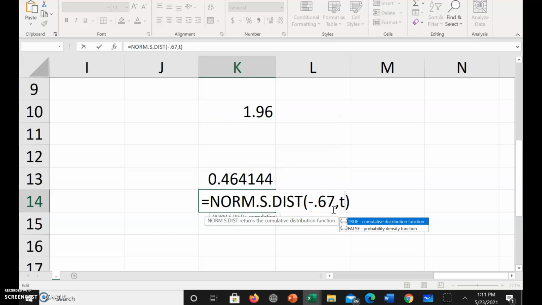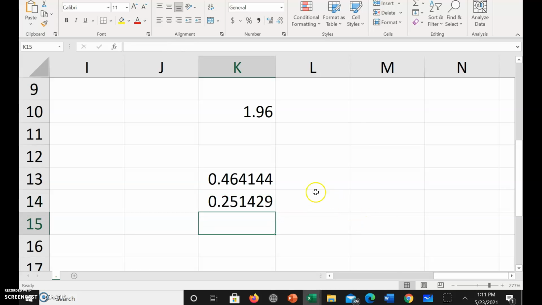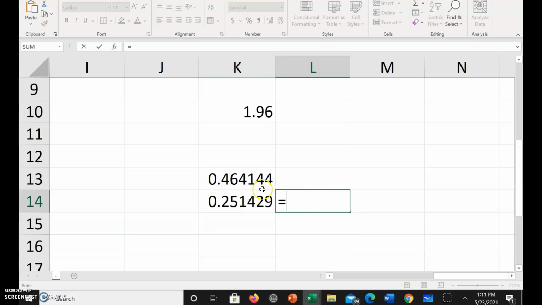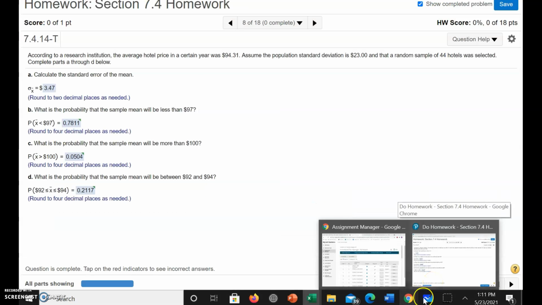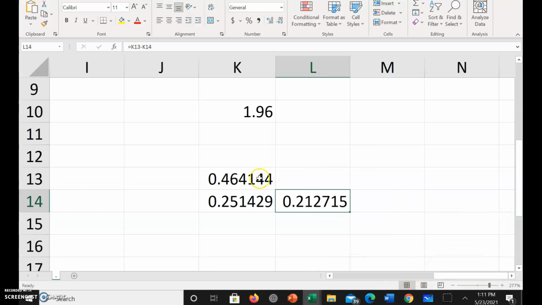Oh, I forgot to put in true. All right, so we're going to take the larger area minus the smaller, and we're going to get our probability. And it's 0.2117.